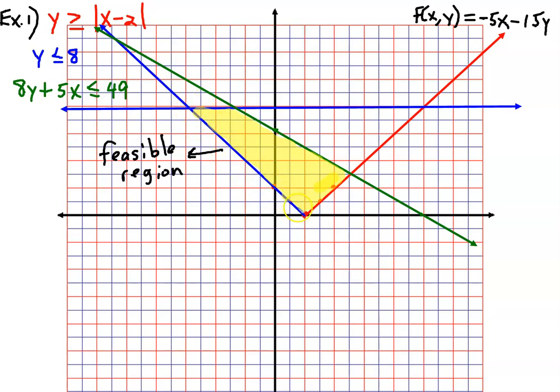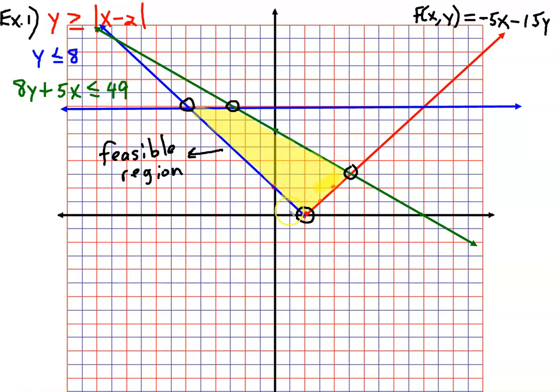At the point of intersection, on the edge of the feasible region, we have what are known as vertices. I just circled them there. They represent the intersection points of two different constraint lines. These lines that we've just drawn are called constraint lines in linear programming language.